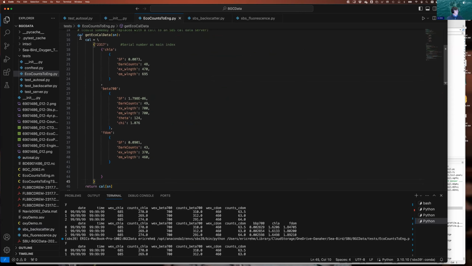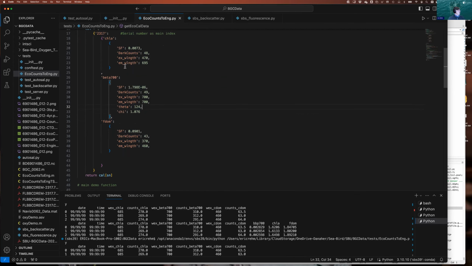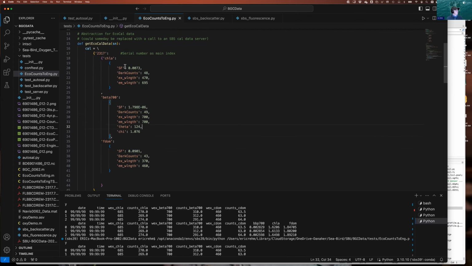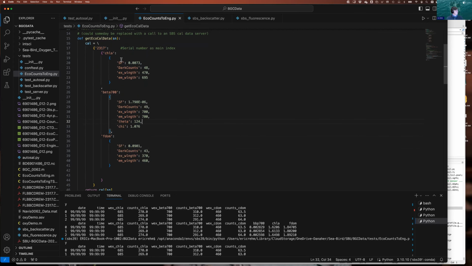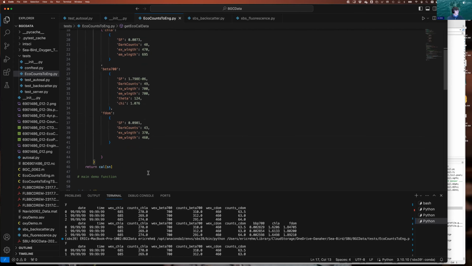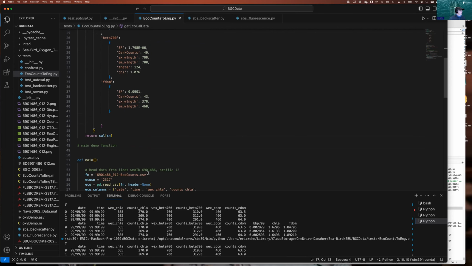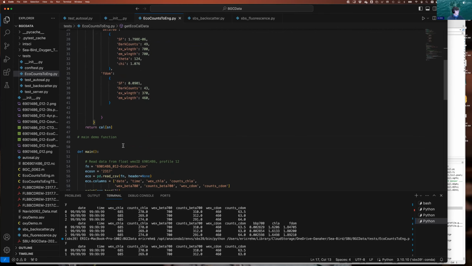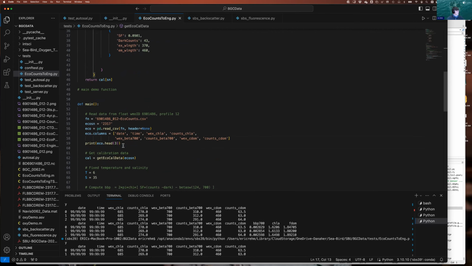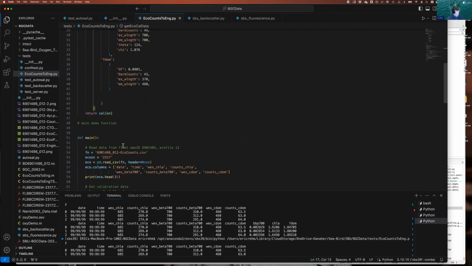I basically created a little function, which is essentially a database for the calibration coefficients using a dictionary. At some point in the future, we're looking at a web-based service where you could just send in the serial number and the model number, and you would get this back, and you could dynamically query for that data, with perhaps the option for you to locally cache the results for your own instruments.